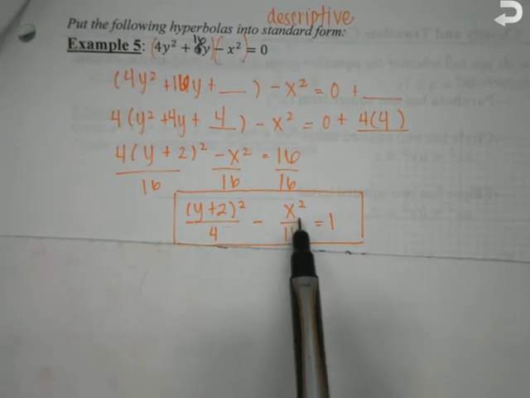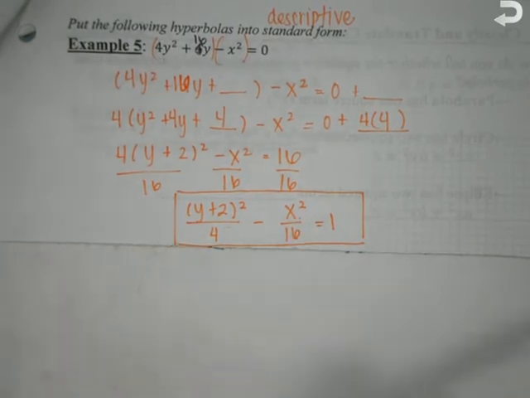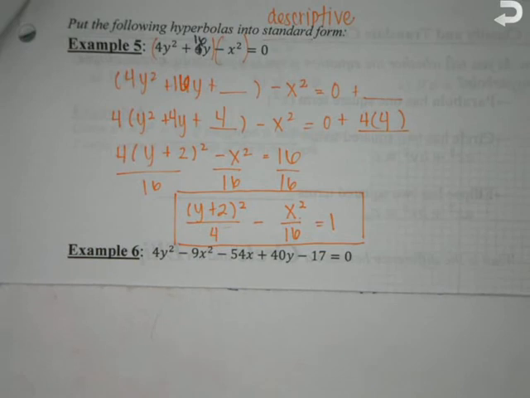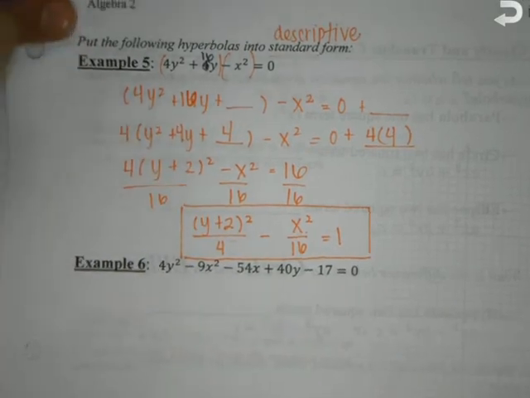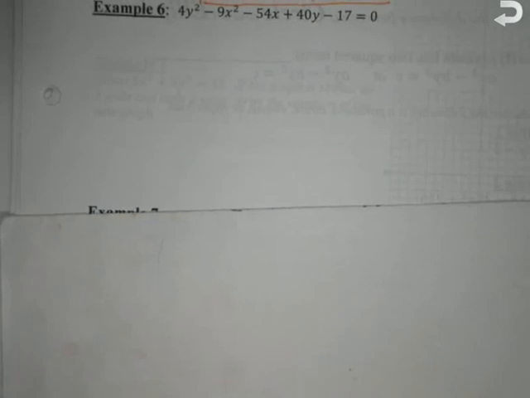I want to set up example 6. We're not going to be able to do it all the way, but because we have negatives involved, I want to make sure that you have something to go off of for your homework. Okay, so what do I need to do first here?